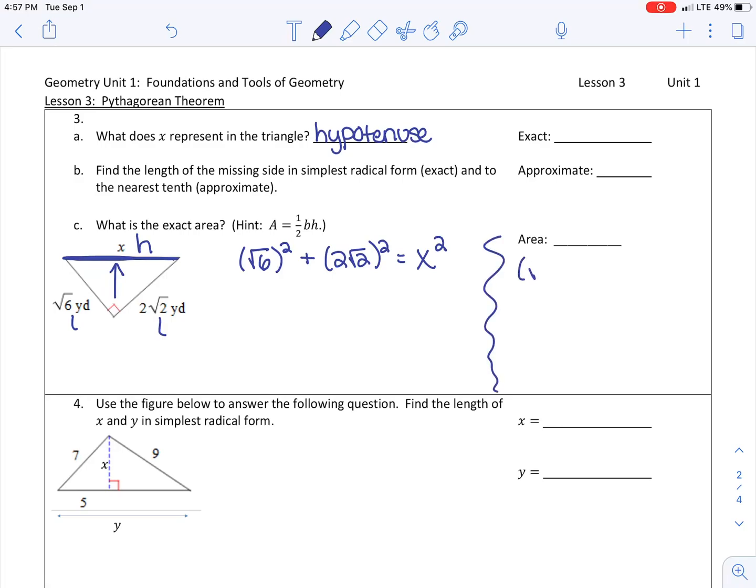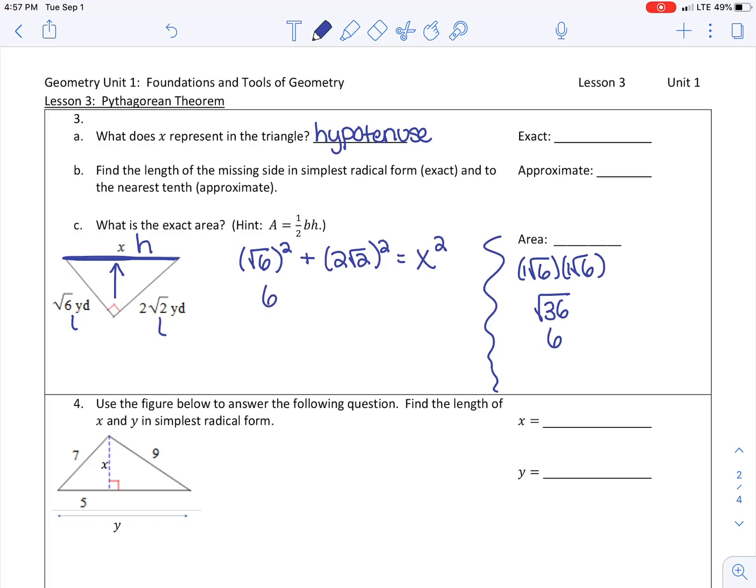I'm going to take root 6 times root 6. And whenever you do this, you take the outsides and you multiply those together, which is just 1. So really you don't even need to put that. And then you have inside the radical 6 times 6, which is 36. So if I take the square root of that, it's just going to give me 6, since 36 is a perfect square.